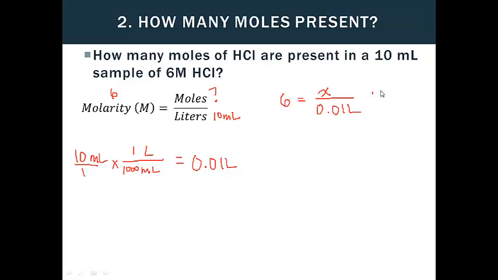I'm going to do that on both sides, and that gives me x is equal to 0.06 moles. So again, it's just moles and liters. There are 3 possible variables here: molarity, liters, moles. As long as you have 2 of them, you should be able to solve for the third, keeping in mind that you might have to do a conversion.